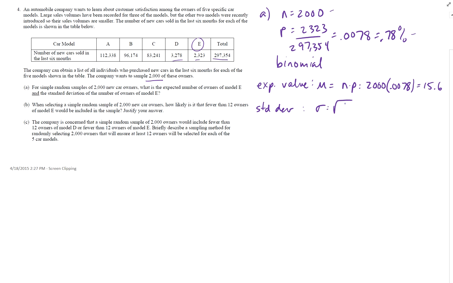And the standard deviation is the square root of npq: 2,000 times 0.0078 times 1 minus 0.0078, which is 0.9922.